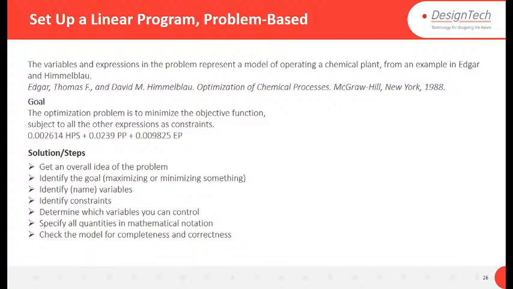A chemical plant we are going to optimize. If I am talking about a chemical plant, of course there will be some chemicals. So there are around 16 chemical values, and using those 16 chemical values we are creating one product based on the chemicals. So what I want to optimize here is the optimized chemical values, so my cost will be minimum.